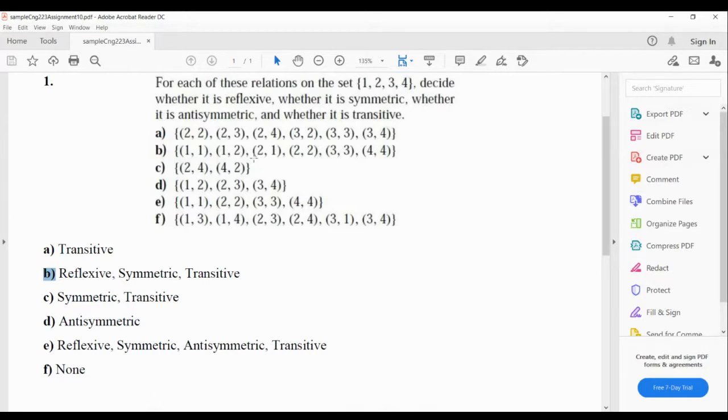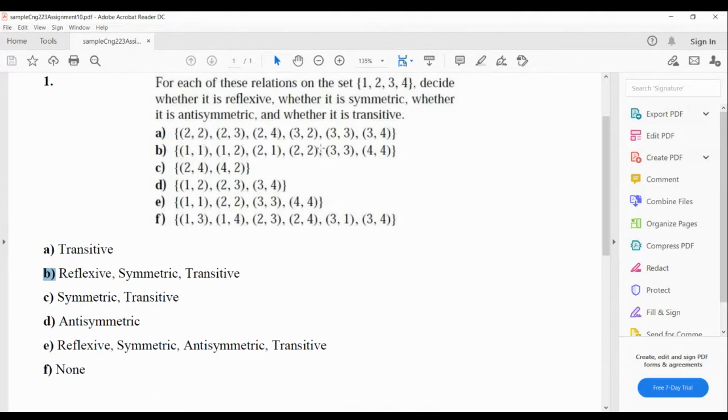And because of that, you would say relation A is not symmetric. For item B, this is symmetric. Why is that? Because 1, 2 is here, 2, 1 is here, 1, 1 and 1, 1 are the same, so you write them in sets the same. Relation is a type of set, so it obeys the rules of sets. The order of the first component and second component matters because each one of them is an element.